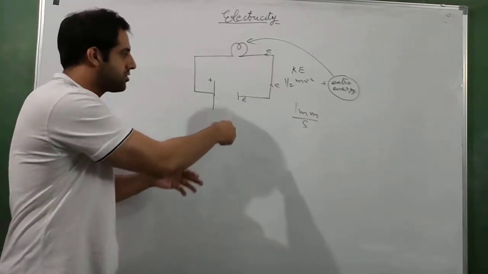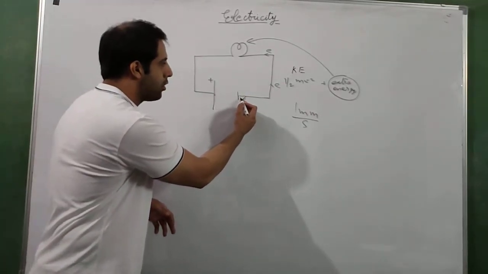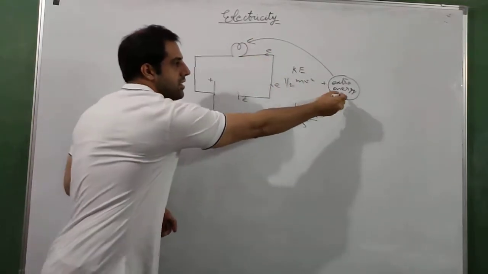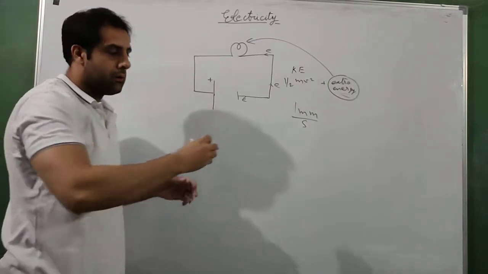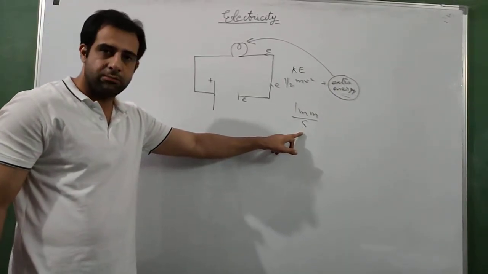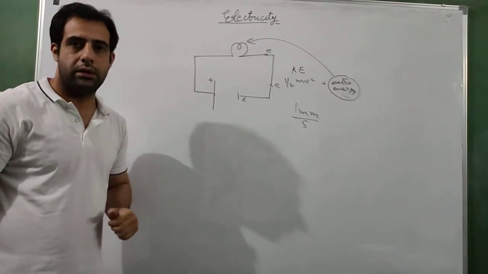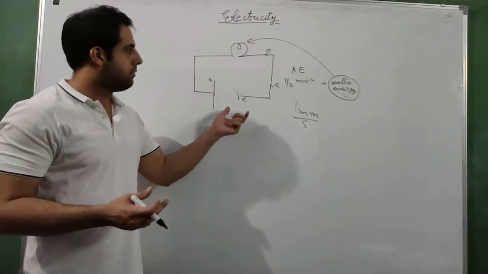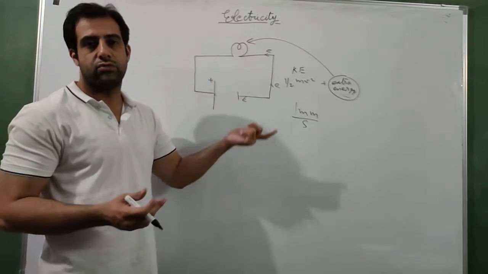According to this concept, as soon as I switch on, the electron quickly travels to the device and makes it glow by giving it the extra energy that it had. But if with this speed that is not possible, then how is it that as soon as we switch on, the device starts working?